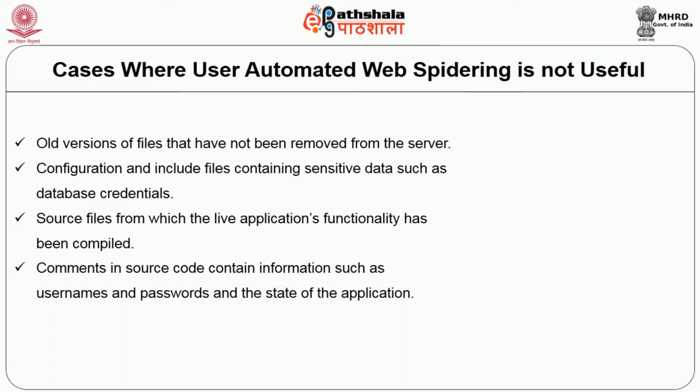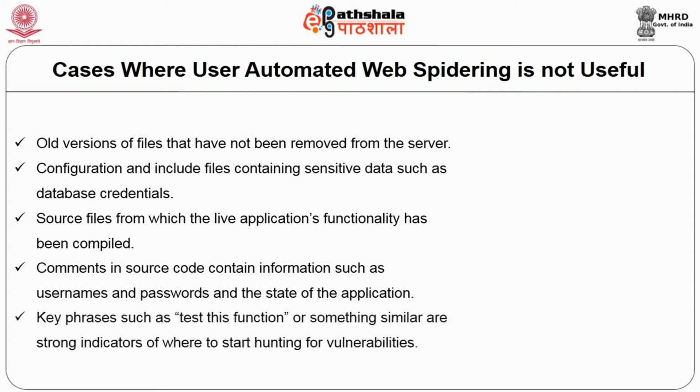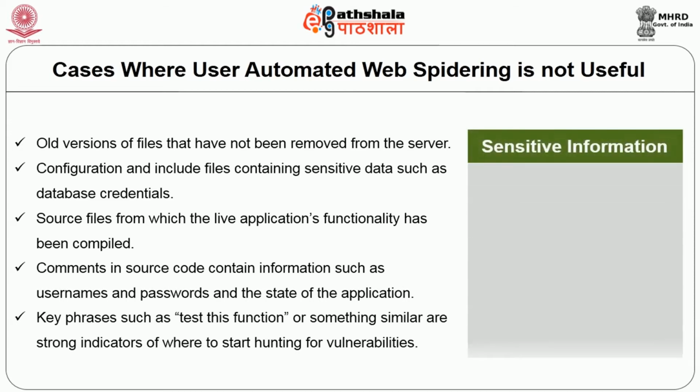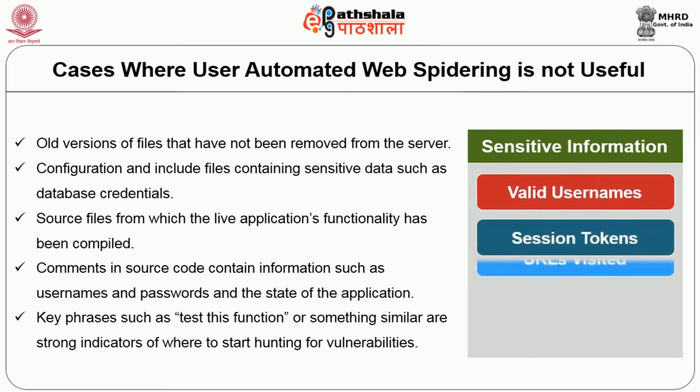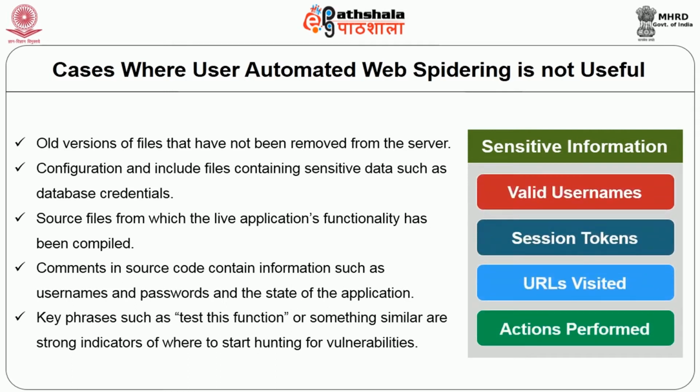Those comments are more likely to provide information about the state of the application. Key phrases such as "test this function" or something similar are strong indicators of where to start hunting for vulnerabilities. There are log files. Log files may contain sensitive information such as valid usernames, session tokens, URLs visited, and actions performed.